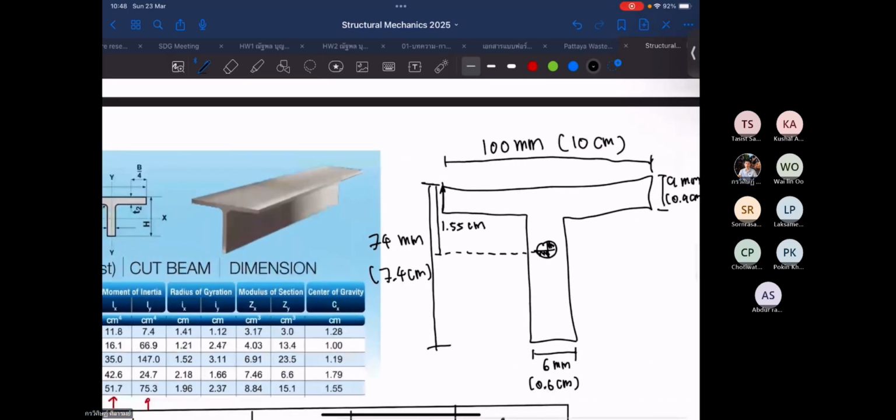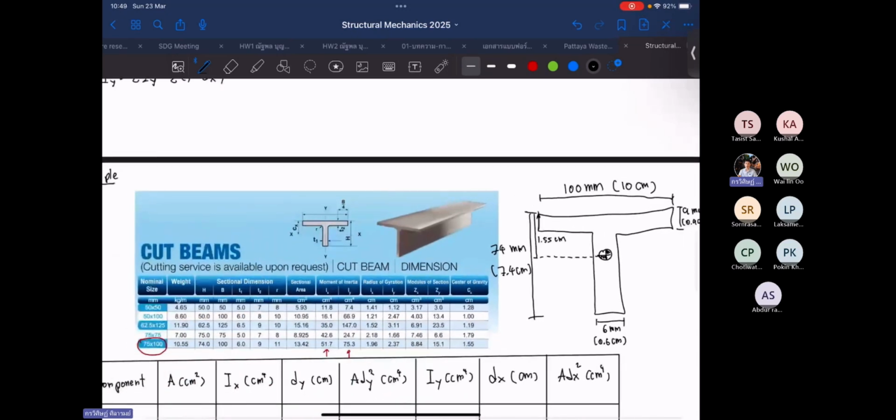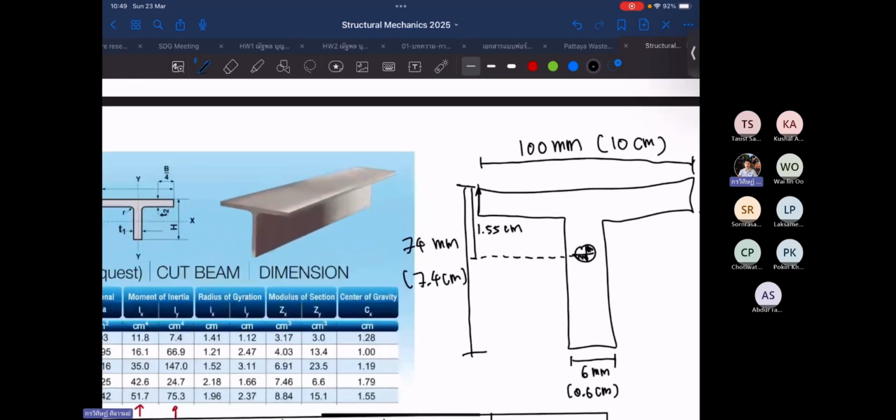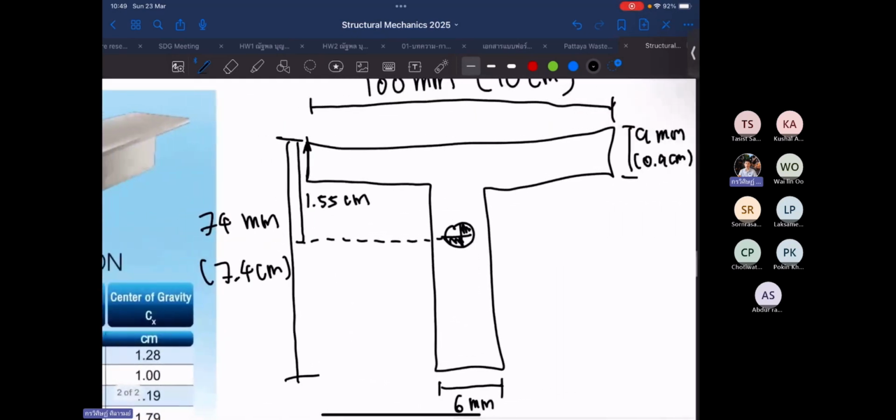Okay, like this. Now we know the center of gravity of this shape already.